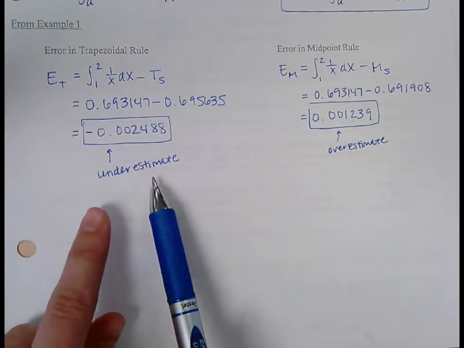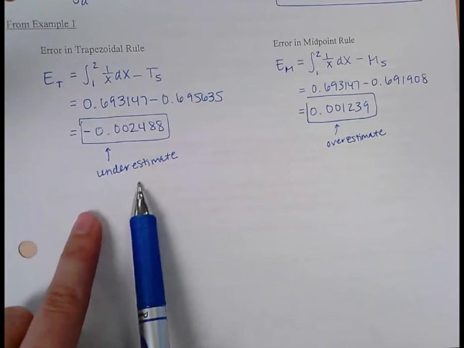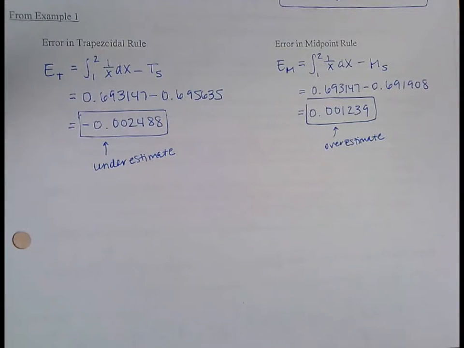Trapezoidal is easier to see whether it's an under or an overestimate based on the concavity. If you know trapezoidal would be under, midpoint's an overestimate. If you know trapezoidal is an overestimate, midpoint's going to be an underestimate. They're always opposite, just like left and right endpoint approximations are opposites. One's always over, one's under. Same thing with these two.